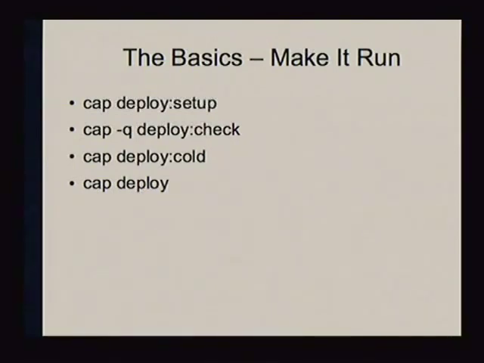It just shows you a nice little report of, hey, you don't have Subversion installed on this box, and you said there was a database here, but I don't see no stinking database.